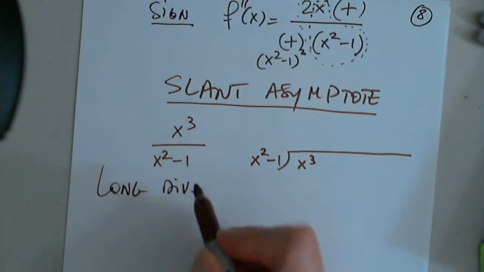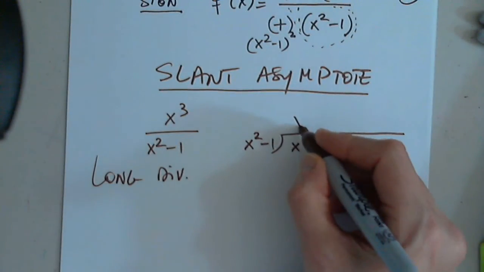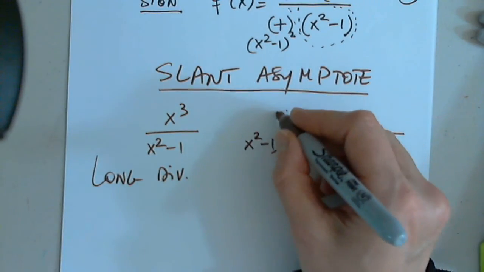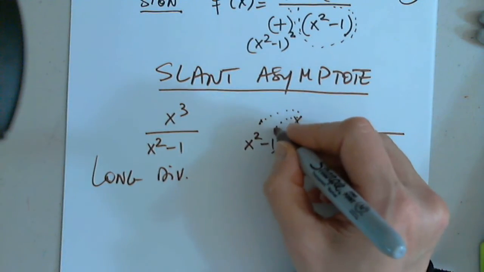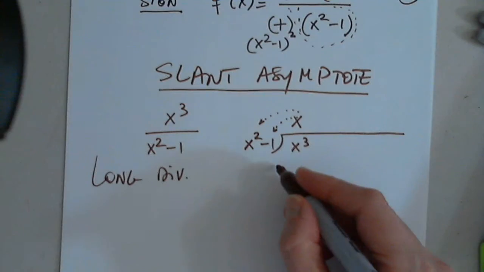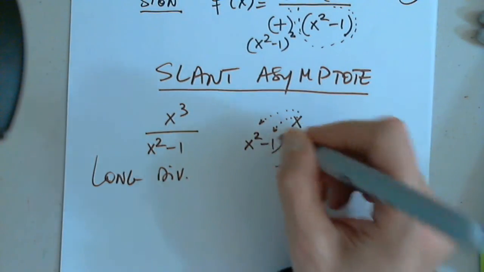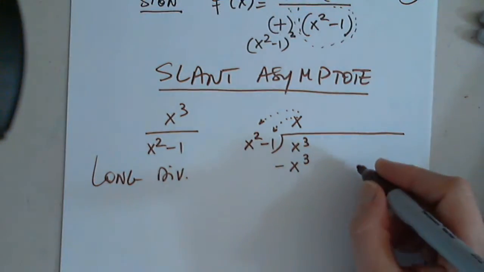X squared times what is x cubed is x. Go back and distribute and change the sign. X times x squared is x cubed, change the sign. X times negative 1 is negative x, change the sign.